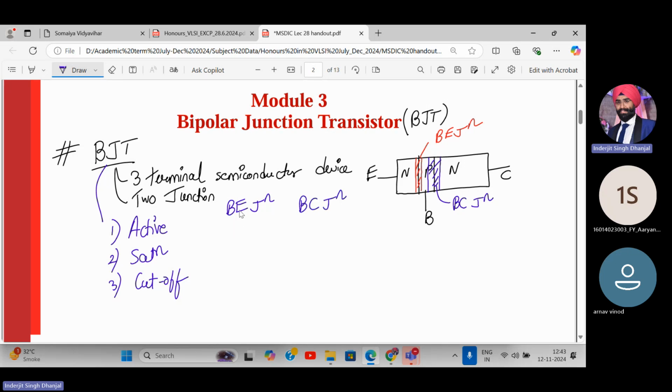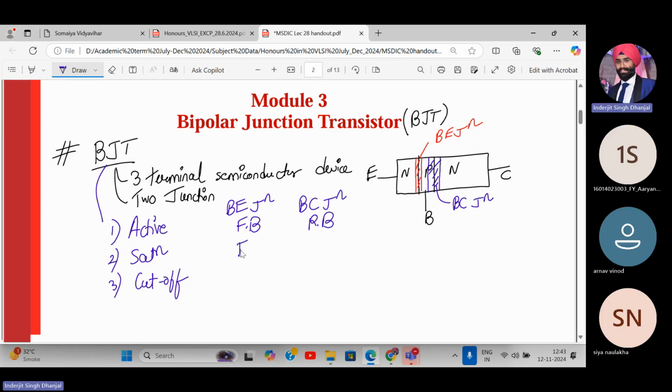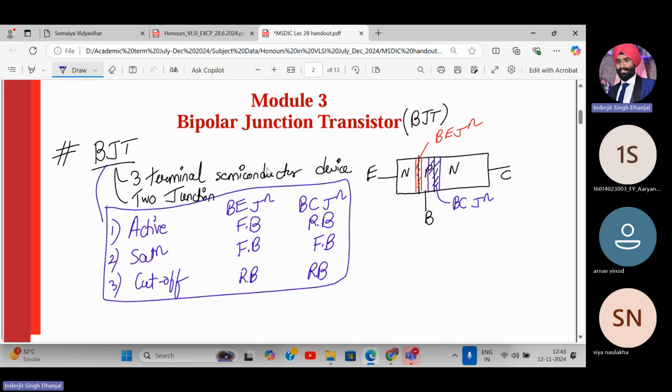In the active mode, the base emitter junction will be forward bias and the base collector reverse bias. In saturation, both will be forward bias, and in cutoff, both will be reverse bias. So please remember this table, the status of the BJT under the operating modes. Yes or no?